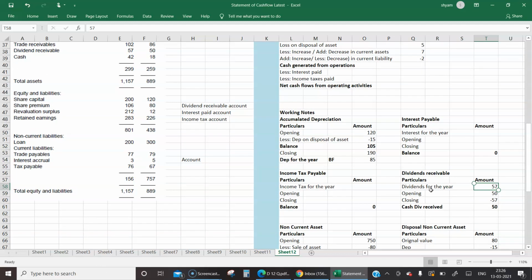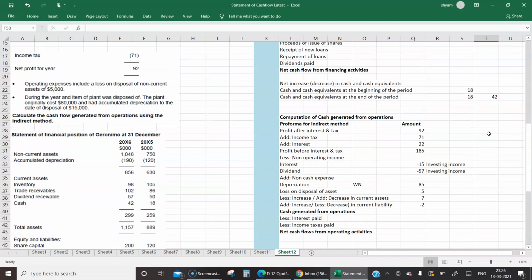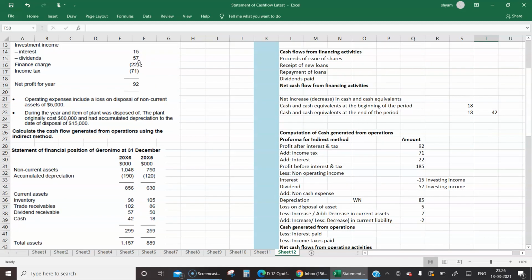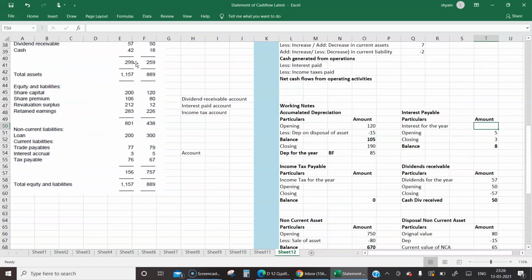So interest accrued: opening is 5, closing is 3, and interest for the year is a finance charge of 22. So what does this mean? We have to pay 5 from last year, 22 this year, totally 27. But at the end of the year they say only 3 has to be paid.